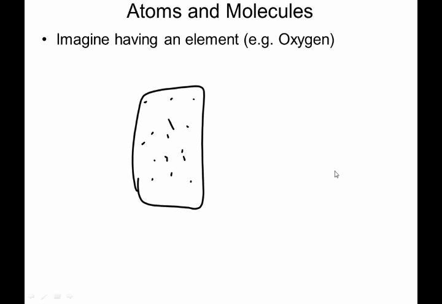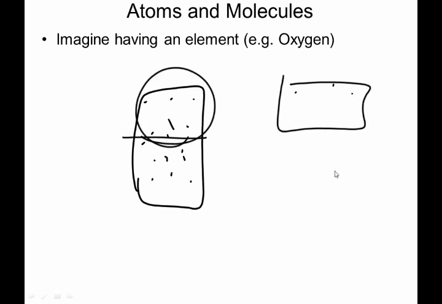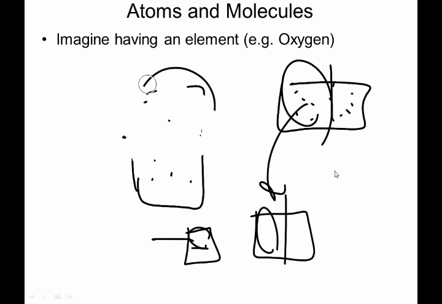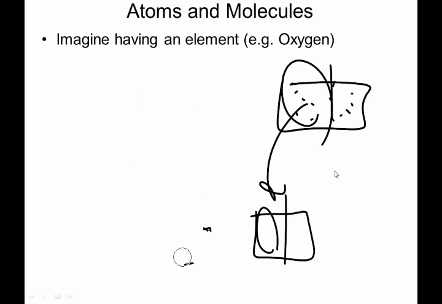If I take the tank and I divide it in two, and I take this half now, it still has the same properties as the larger amount, but there's less of it. If I divide it again and I take this half, and I keep doing that and I get smaller and smaller halves, I will get down to a point where I have the smallest thing that can be considered oxygen.